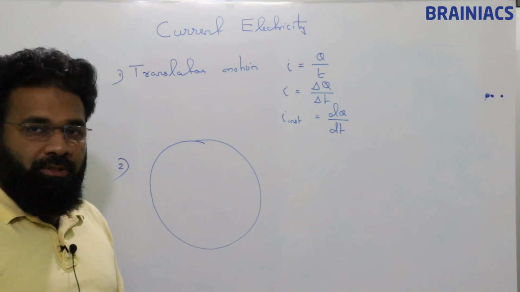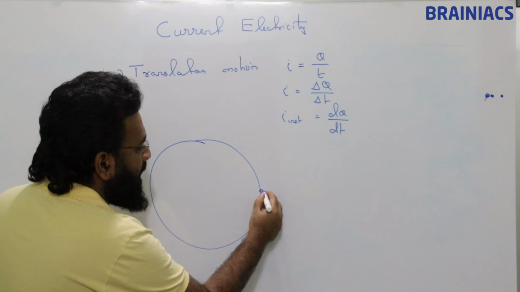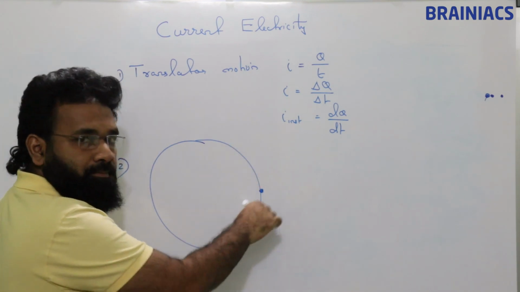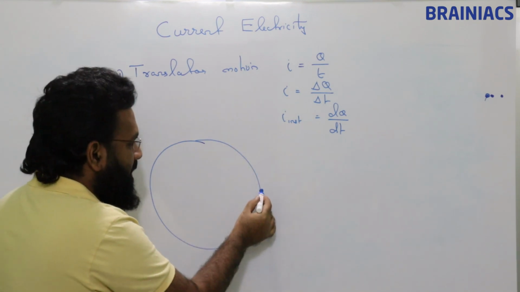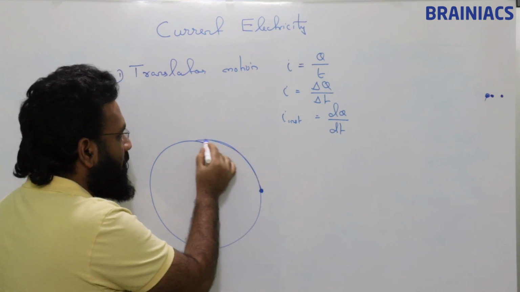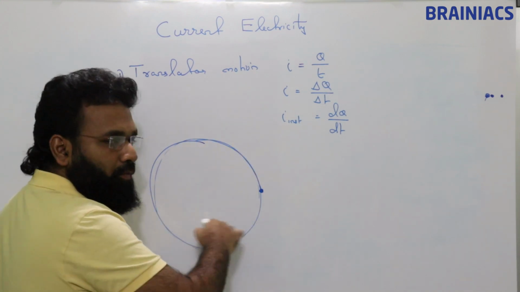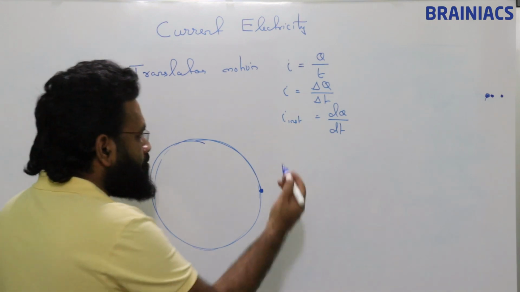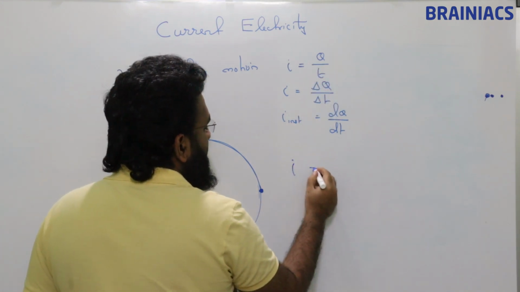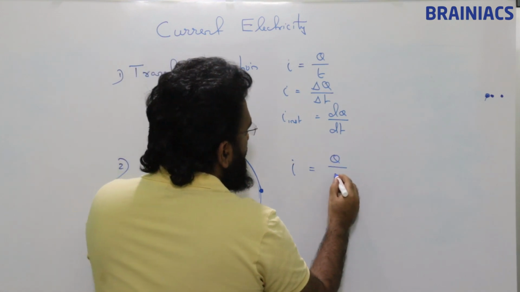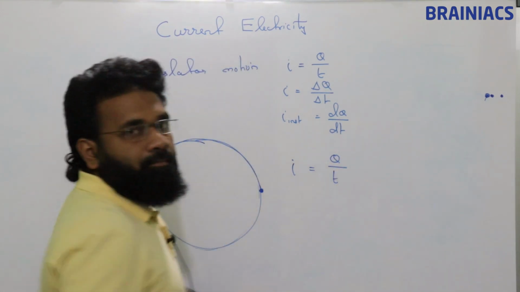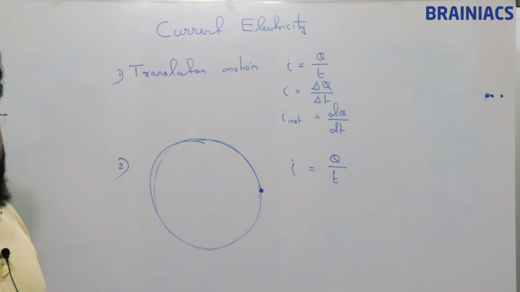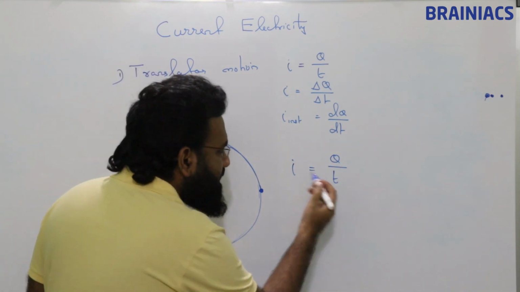suppose a charge is moving around a circle like this. One charge started from here, it is moving like this, and keeps on moving like this. This will create some current. So same thing, I is equal to Q by T. But here, what is this T?